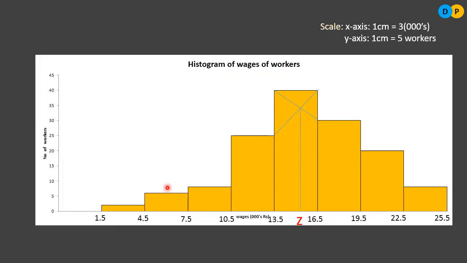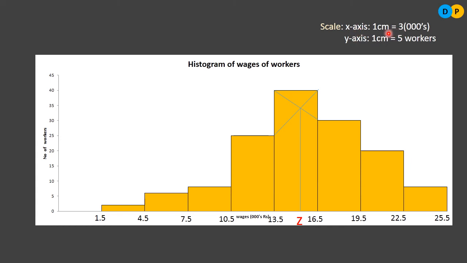Let us do that. So this is the histogram. Please notice here. In the x-axis, we will be indicating the class intervals. In the y-axis, we will be indicating the frequencies. Before plotting the histogram, we need to consider the scale. So x-axis and y-axis. What is x-axis talking about?